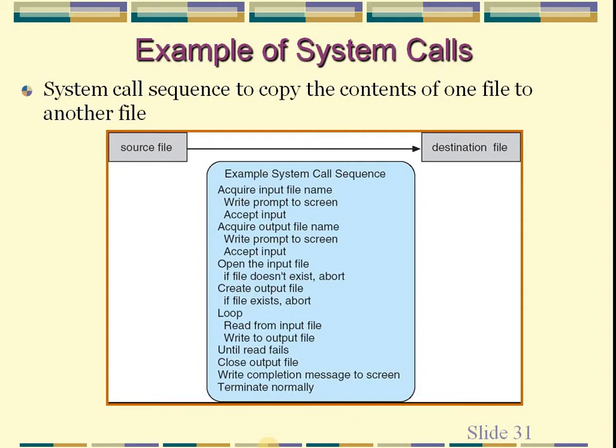System calls are mostly accessed by programs via a high-level application program interface, that is an API, rather than using direct system calls.